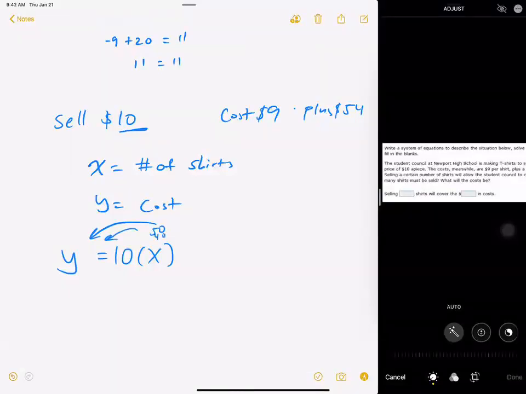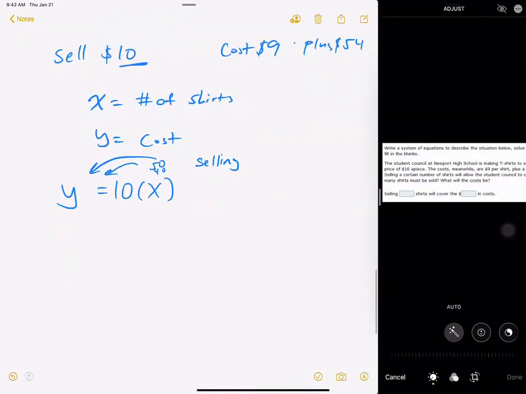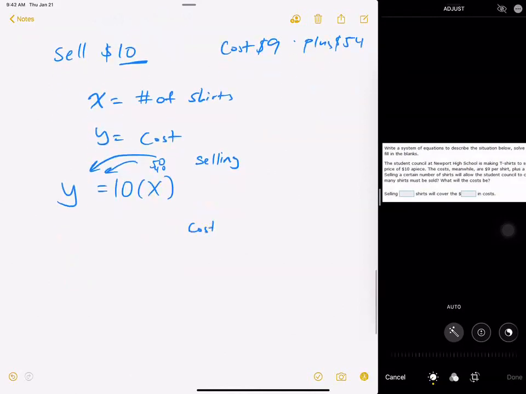So this equation here is how much I'm going to make. So this is our selling equation, okay? What is our cost equation? Well, for every shirt I buy, that's going to be $9.